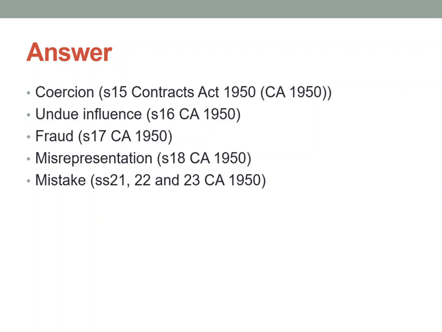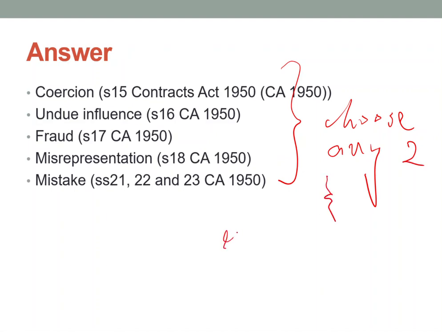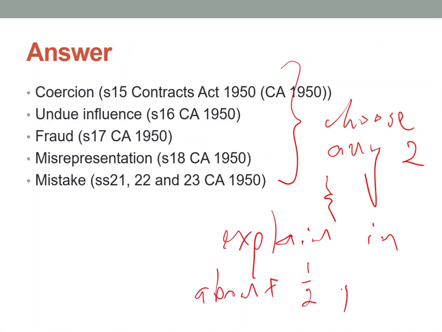Your job is to choose any 2 and explain each one of them, with your total answer being about half a page. Choose any 2 and explain in about half a page. Alright, you can do that?